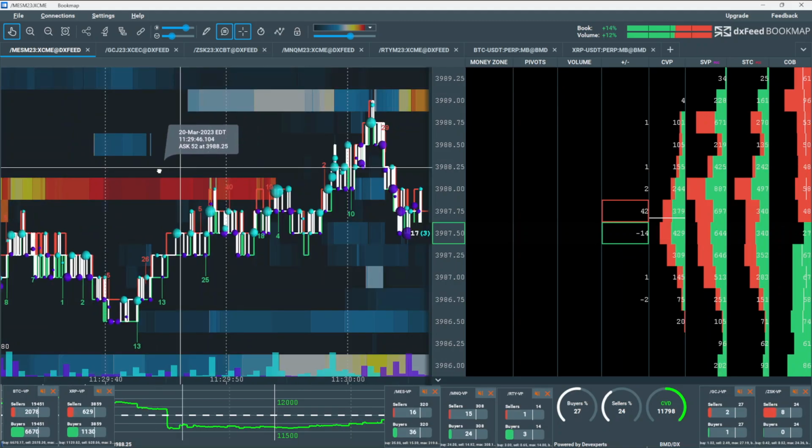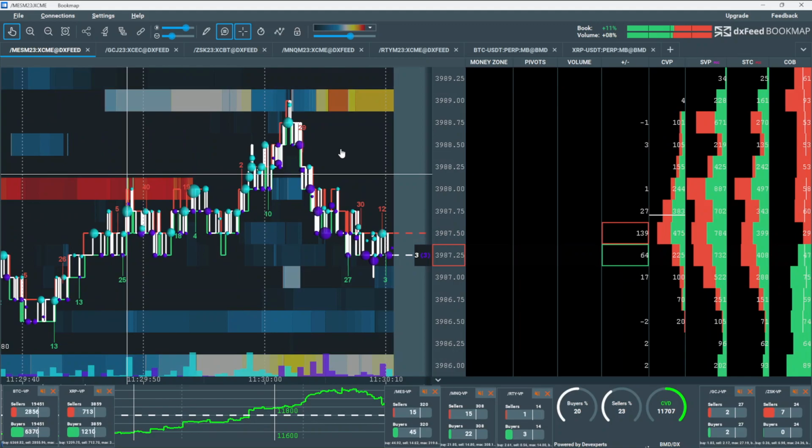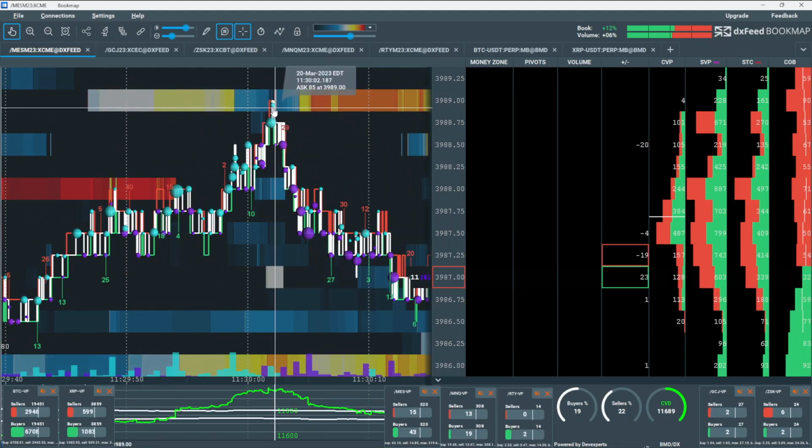We pulled back, came back up, retested here again at 11:30, and I entered short at 11:32. So this is a second attempt for the buyers.